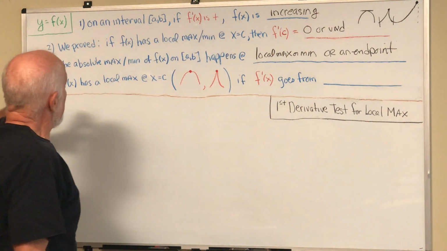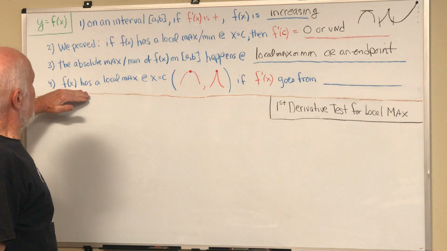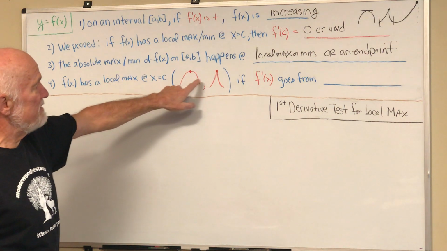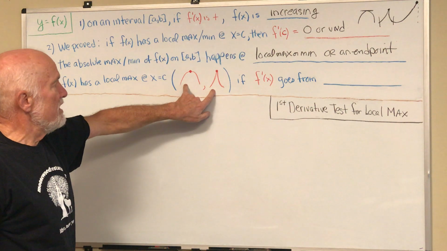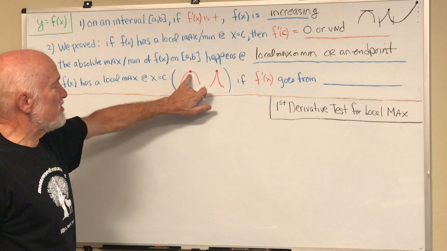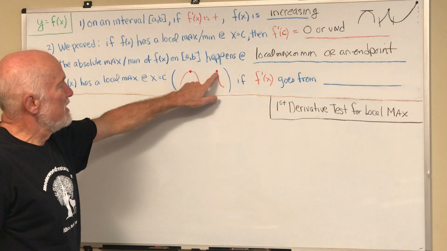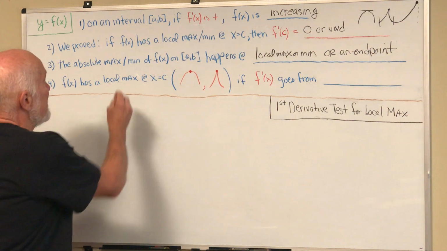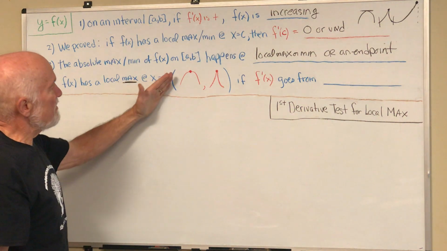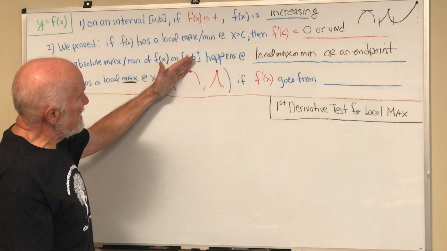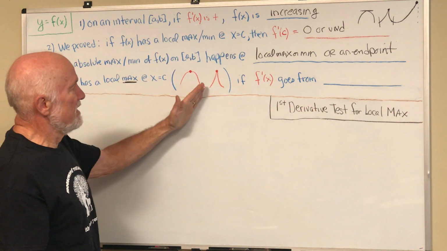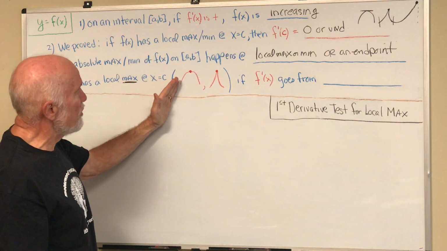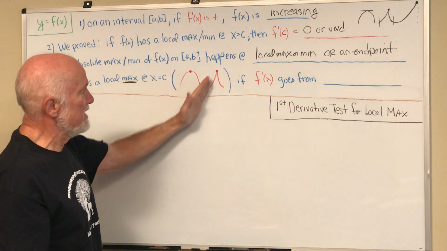Okay, now, f of x has a local maximum at x equals c, and I'm reiterating, that's what we know. It has to either be at a 0 or undefined derivative, but the way you can really tell that it's a maximum is if the derivative goes from positive to negative, if the function goes from increasing to decreasing.